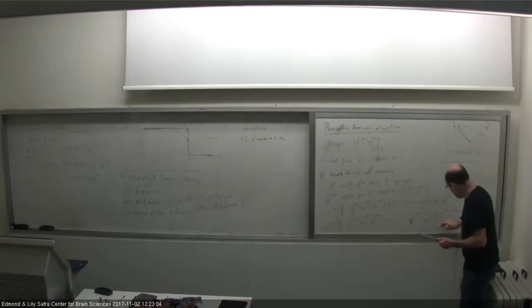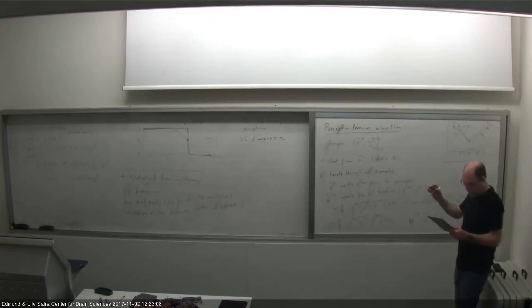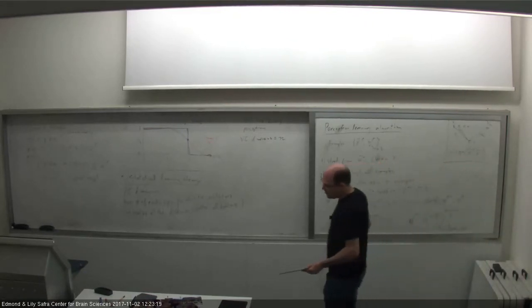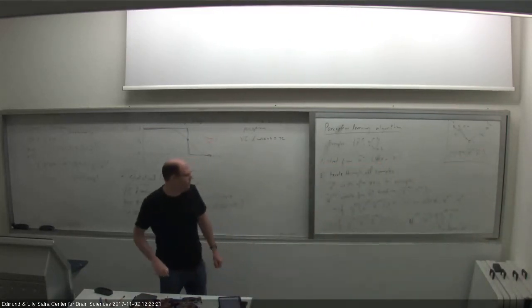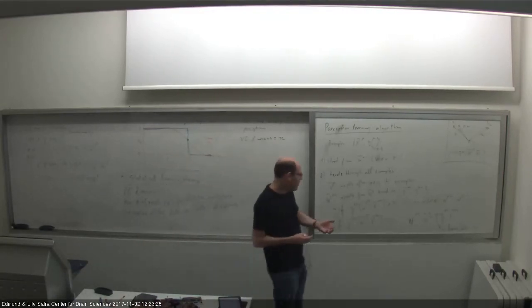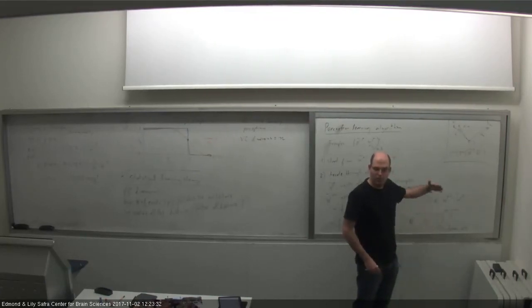Eta is some number which we can keep fixed during the whole scheme, and it's sometimes called the learning rate. And you just decide on it. It's some number. It's called learning rate because it kind of sets the magnitude of the changes that we make in each step in which we're modifying the weights.